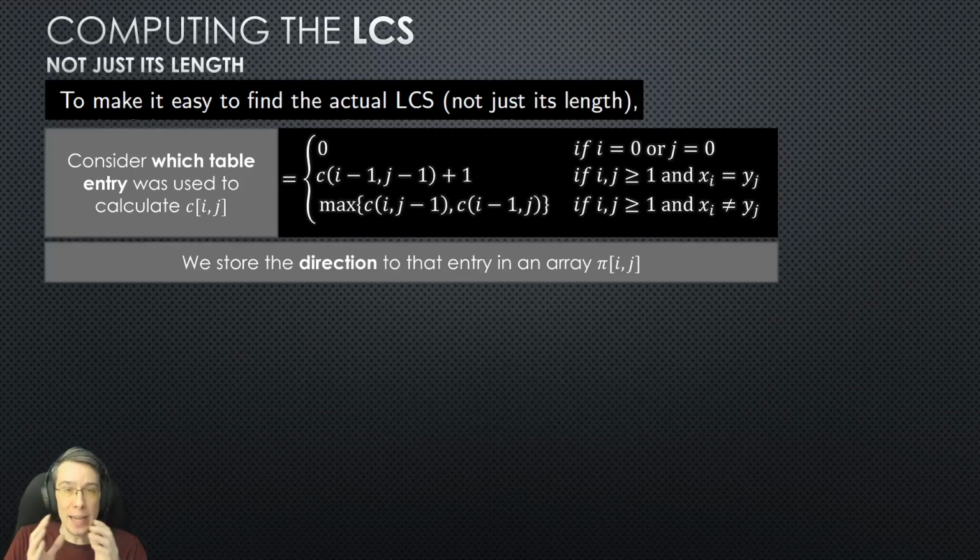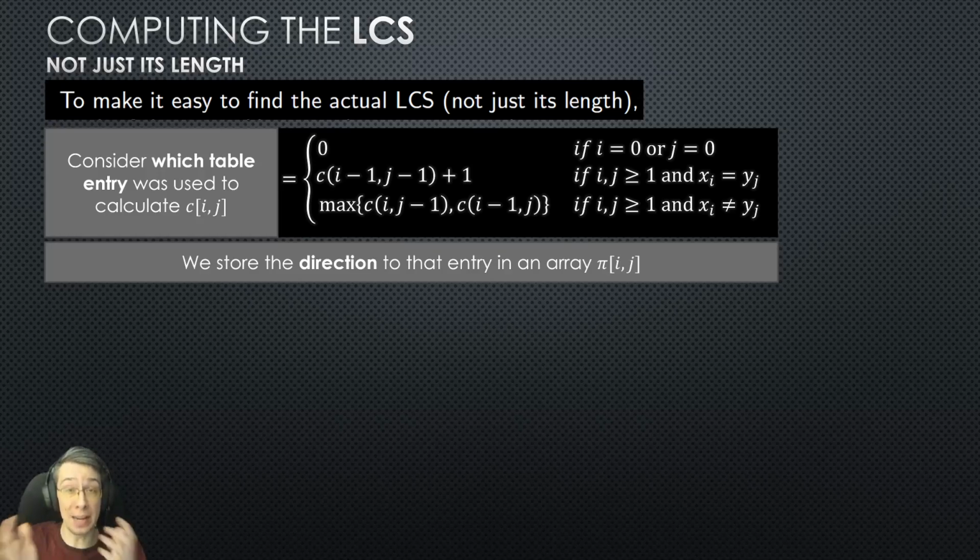Okay, so we'd like to be able to compute not just the length of the LCS, but the string itself. We'd like to be able to output the LCS string. So to make it relatively easy to find the actual LCS, not just its length, we're going to store a little bit of extra information alongside our C array. We're going to have a parallel pi array, or a pi table, just like we have our C table.